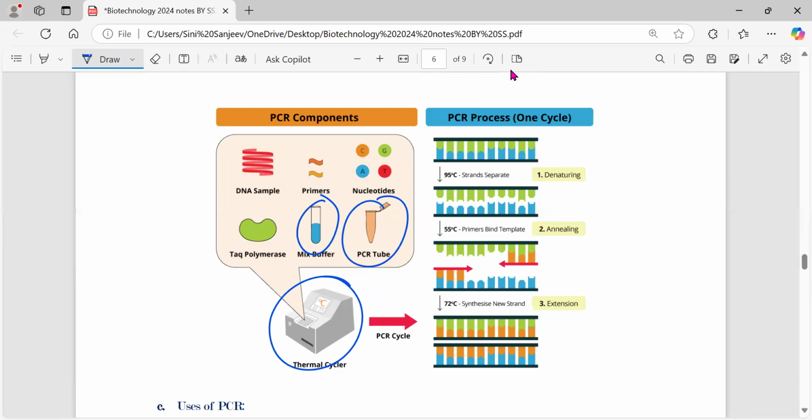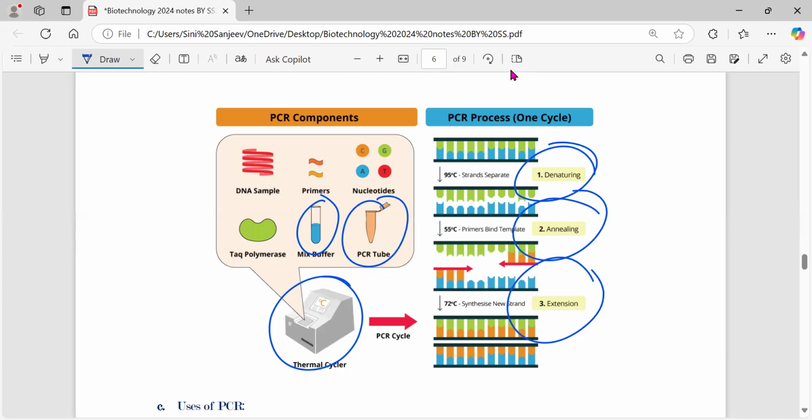You put a particular buffer of your required pH, whether alkaline, acidic, or neutral. Then you place the PCR tubes into the thermal cycler, where it undergoes a three-step process: denaturation, annealing, and extension.